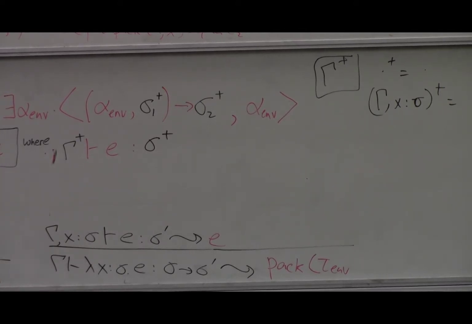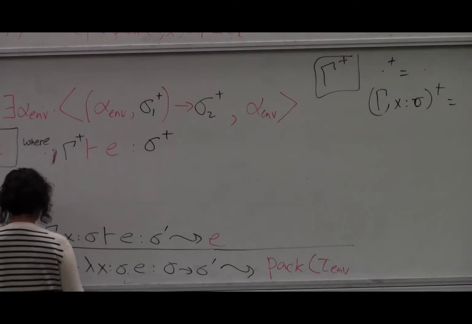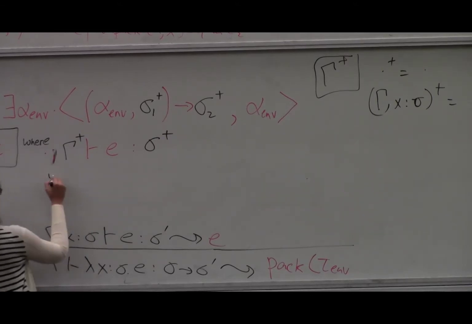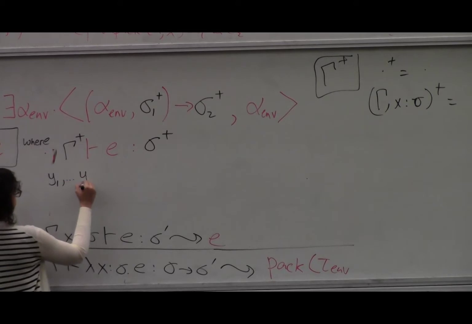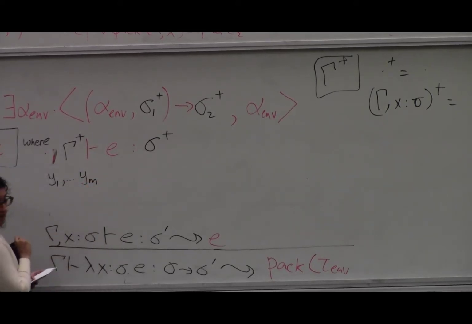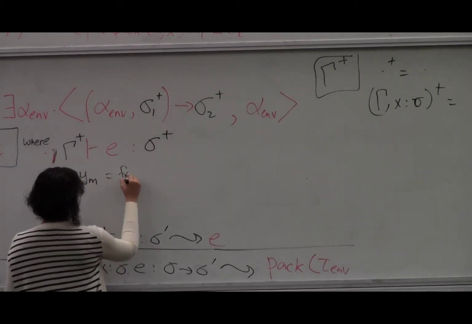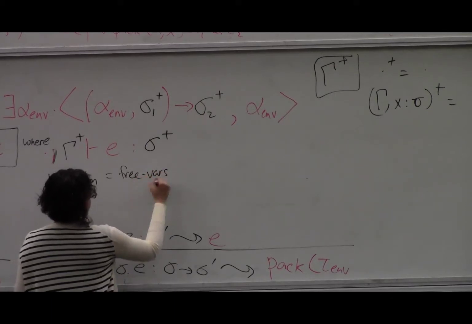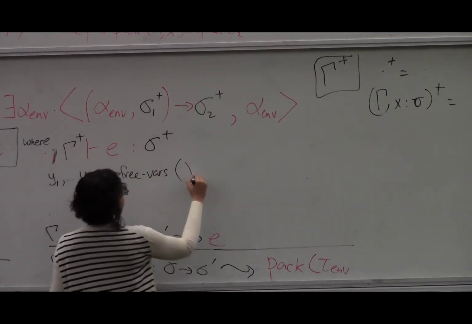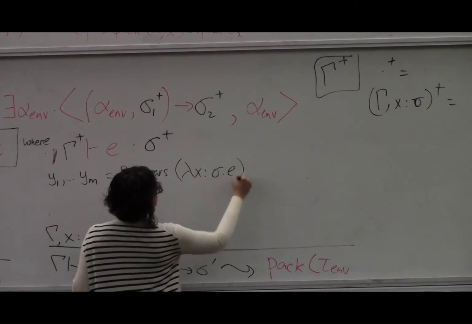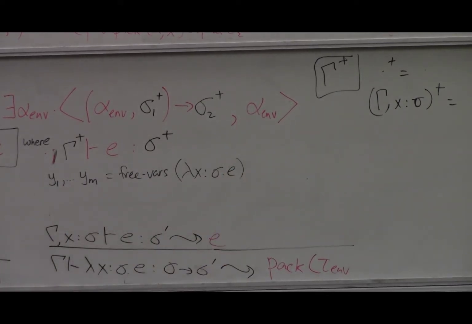Let's write that down. Let's say y1 through ym are the free variables of our lambda term. We have m of them.